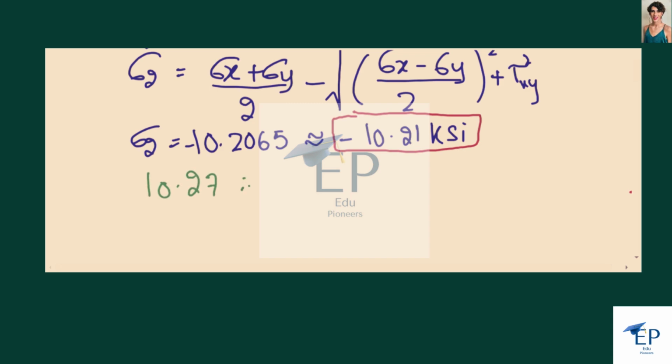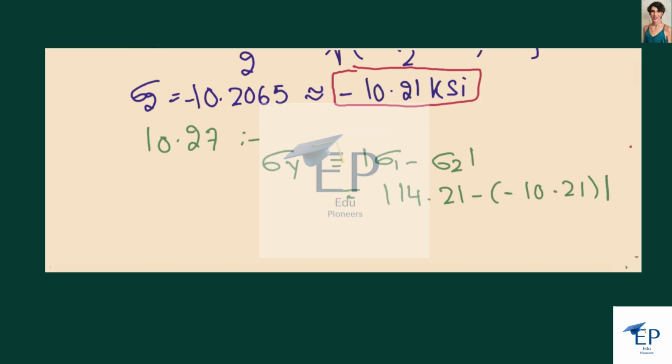That would be sigma sub y equal to the absolute value of the difference of sigma sub 1 negative sigma sub 2, that is 14.21 negative negative 10.21, and that is equal to 24.41 ksi.